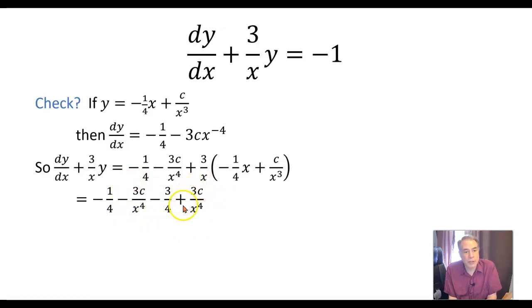The other is a plus 3c over x to the 4th. Those two add up to 0. And the rest is a negative 1/4 minus 3/4, which together adds up to minus 4/4 or minus 1. So the left side is equal to the same thing the right side is equal to, negative 1. That checks out. That is the solution to that differential equation.